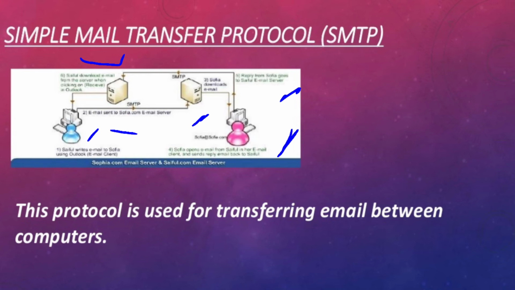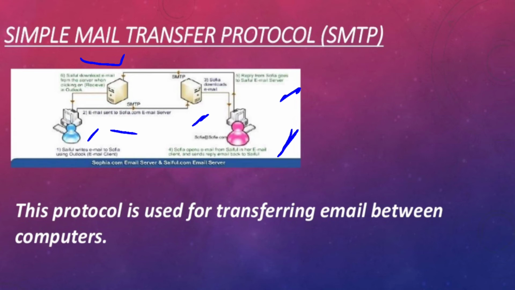First part is you are sending the mail, and second part will be when this person called Sahul will read the mail. There will be another protocol used which is coming later on, but just keep in mind that the first step when you send the mail, the protocol required is SMTP.